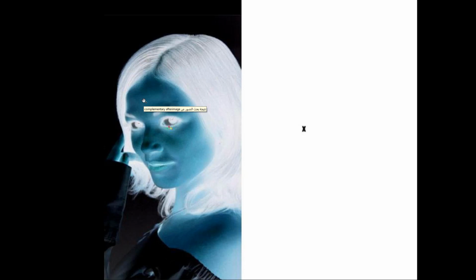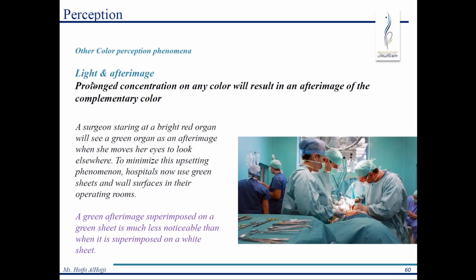You've seen an actual image on the black surface. What you have to do is just focus here for quite a time, then focus here. You're going to see the image of the woman's face.